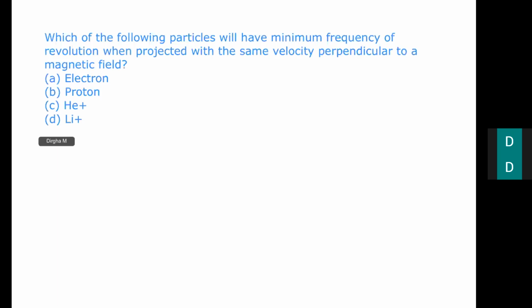Fine. So which of the following particles will have the minimum frequency of revolution when projected with the same velocity perpendicular to a magnetic field? Here, if we refer to the previous videos, we came across the expression for the synchrotron frequency, which I discussed in my previous video.